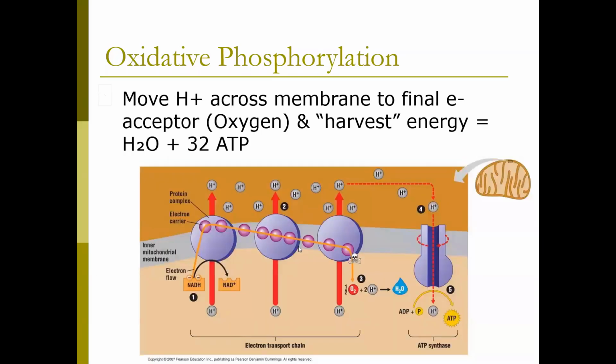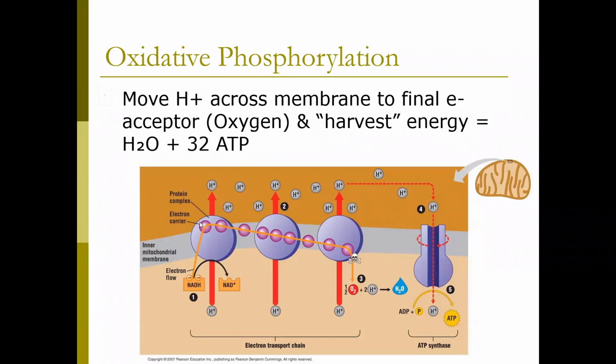So how does that occur? Let's go back to our electron carrier NADH. Notice NADH has those electrons attached. Then we have oxidation take place. The NADH loses those electrons and becomes oxidized to NAD+. Those electrons become part of this big protein in the inner membrane of the mitochondria.